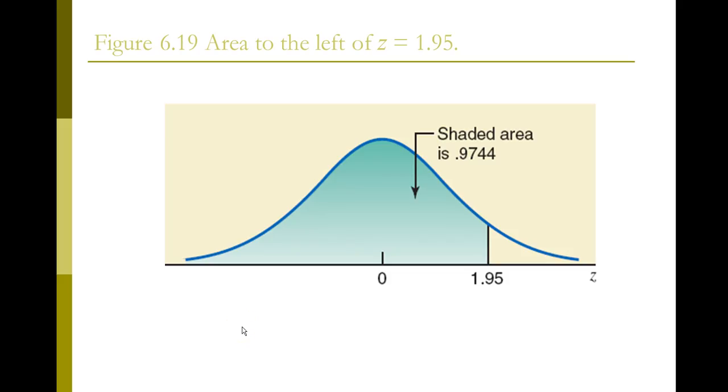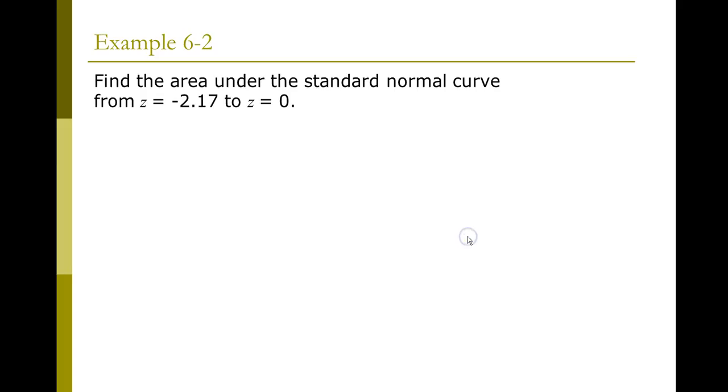So the shaded area is 0.9744. And that's what we found. Here's 1.95, to the left of there. The shaded area is more than 97% of the area. It doesn't look like that here, so it's not really drawn properly, but that's the correct answer.